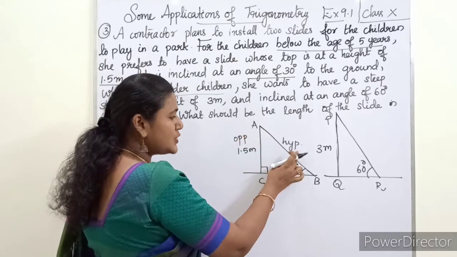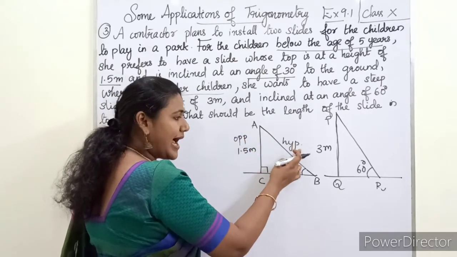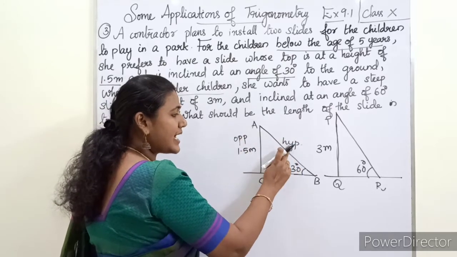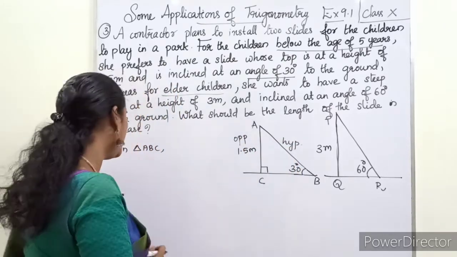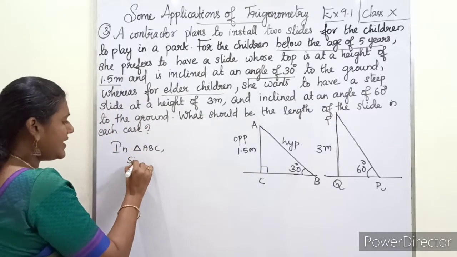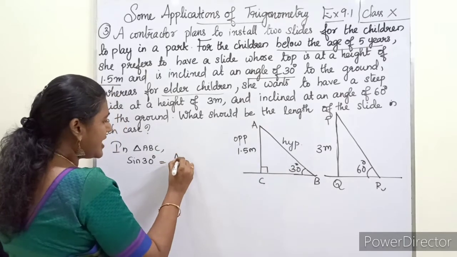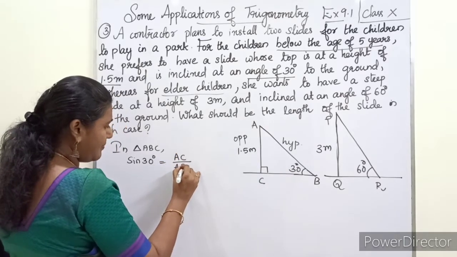So what is the ratio connecting the given side and the unknown side? The ratio connecting opposite side and hypotenuse is the sine ratio. So in triangle ABC, sine 30 degree is equal to AC by AB.